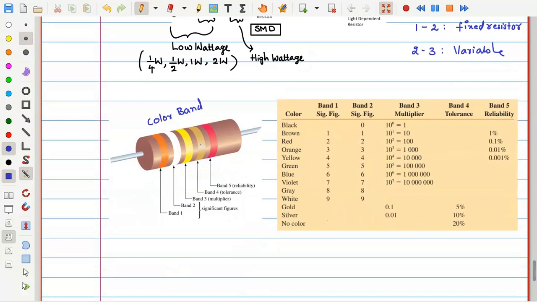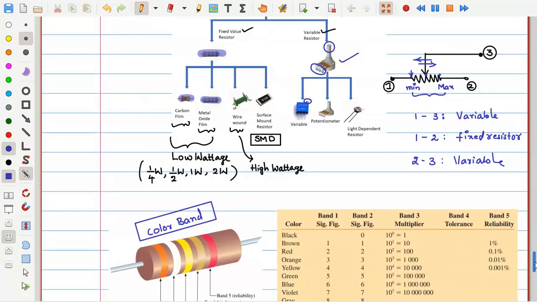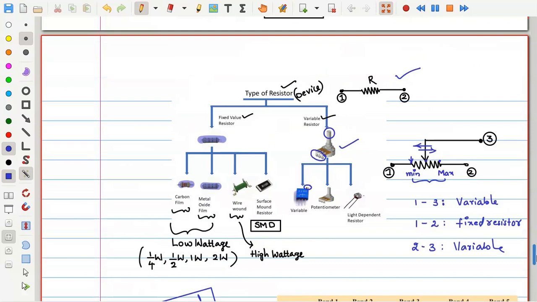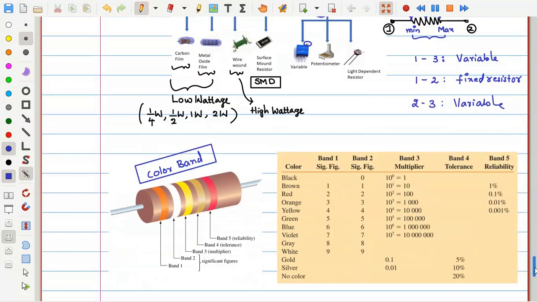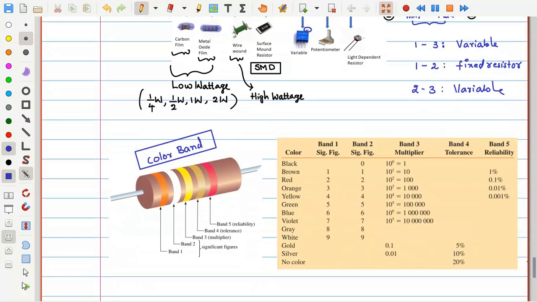For which, first you need to understand this band pattern.